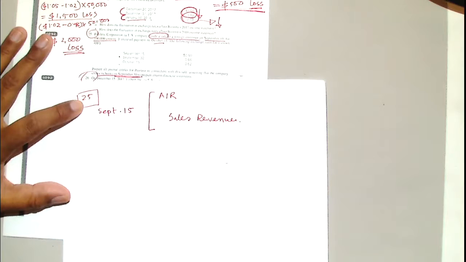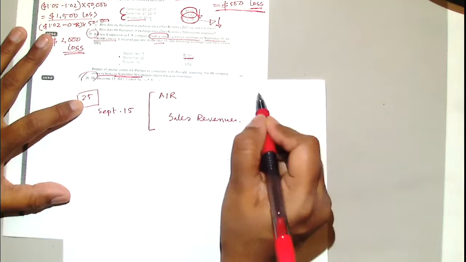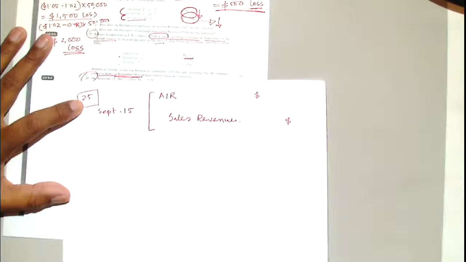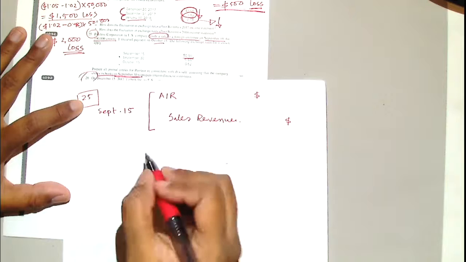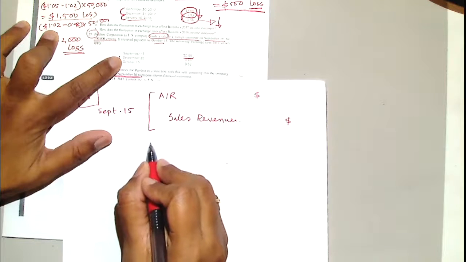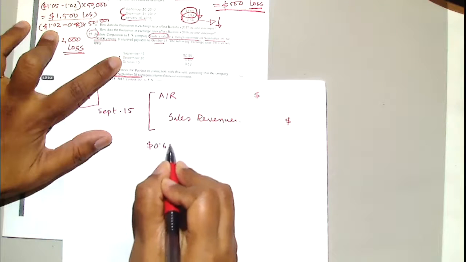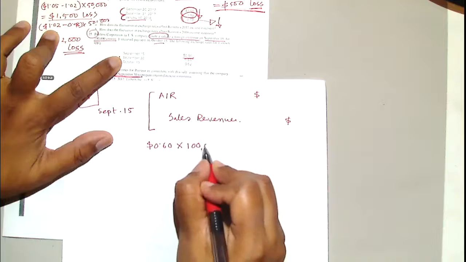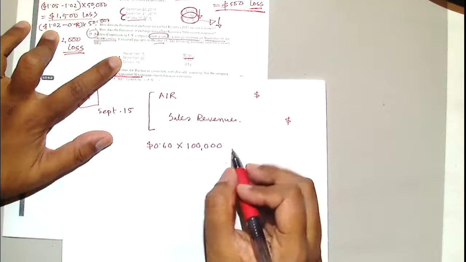The sales are actually in crowns, 100,000 crowns, but you know the exchange rate. So what should be the amount here in dollar value? Because we're going to do everything in dollar. On September 15, 1 crown is equal to 60 cents, and your total sales is 100,000 crowns.